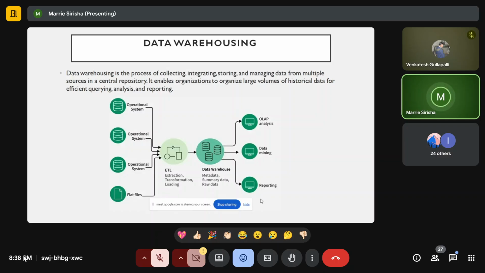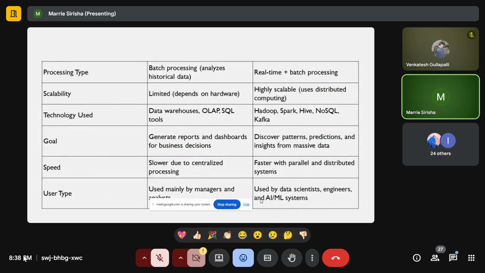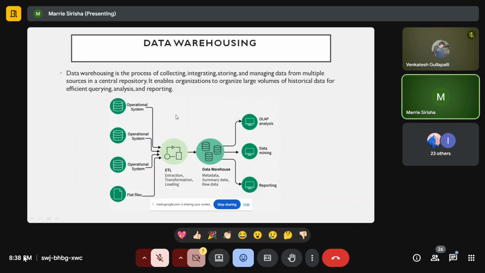Next, data warehousing. So this is the important concept, a technology that you have used in traditional business intelligence, right? So that we are discussing here. See, so what is data warehousing? First, we will look at the definition. Data warehousing is the process of collecting, integrating, sorting, and managing data from multiple sources in a central repository.